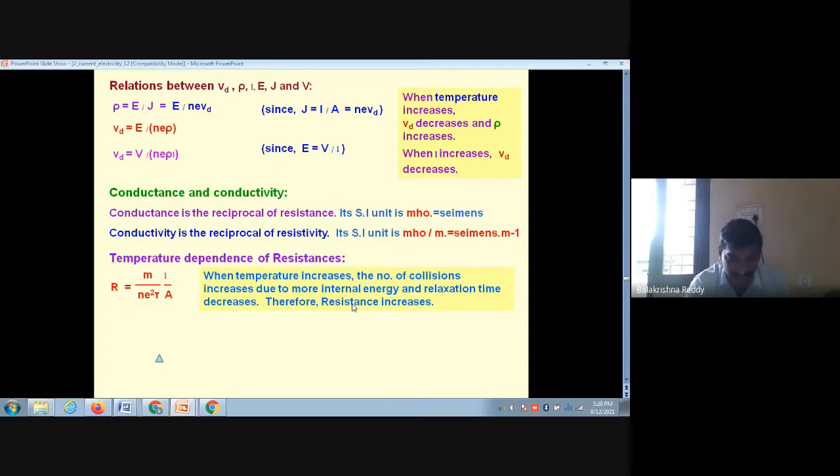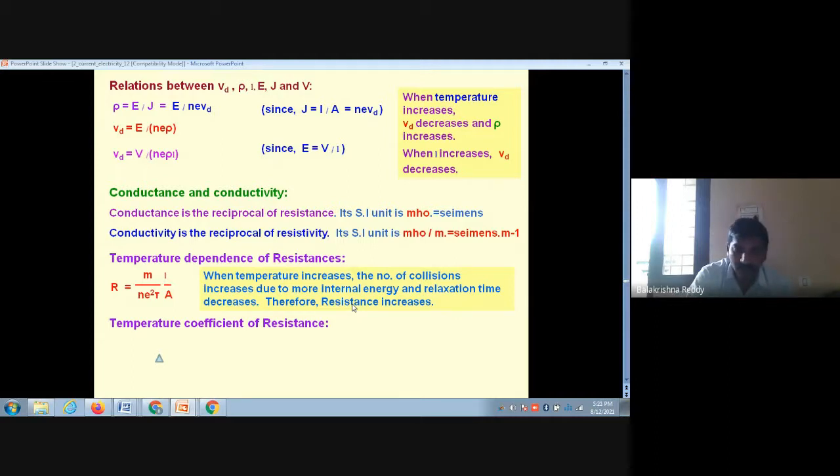As I said yesterday, due to the collisions with the other materials, obviously the relaxation time changes with respect to temperature changes. Due to temperature increase, resistance also will increase. If length increases, resistance also increases. If temperature increases, resistance also will increase.